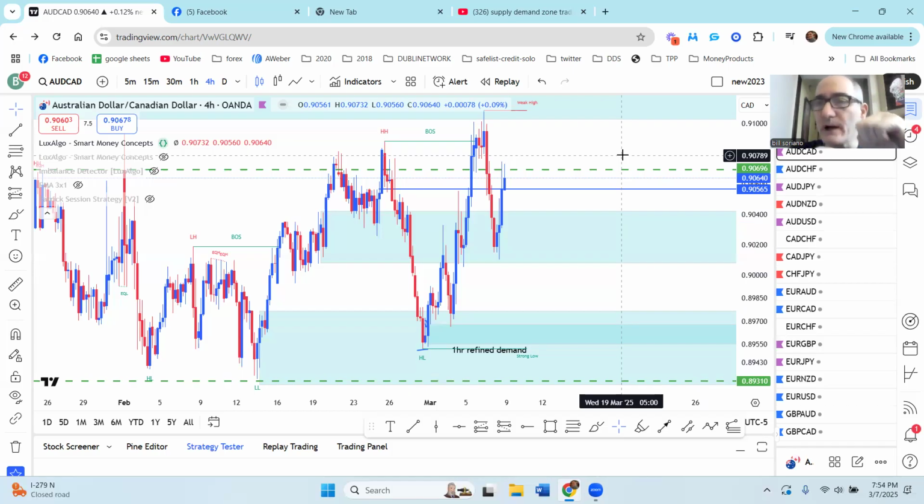We use the 4 hour to determine the market direction and to identify our supply and demand zones. Once those zones are hit, we drop down to the 1 hour and wait for the change of character to occur. Then we look for our refined supply or demand zone that's created from that change of character, and that's where we would set our limit orders to trade from.